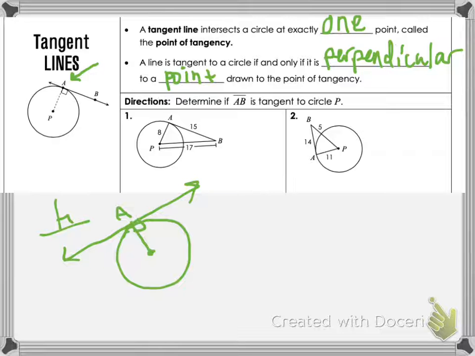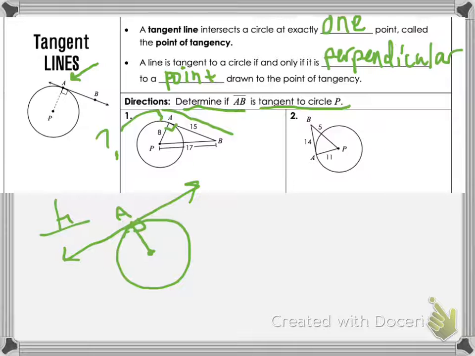So when we look at number 1 here, it says determine if AB is tangent to the circle P. AB is this line here, and it is tangent if this is 90 degrees. And we can see if that's 90 degrees by seeing if this is a right triangle.